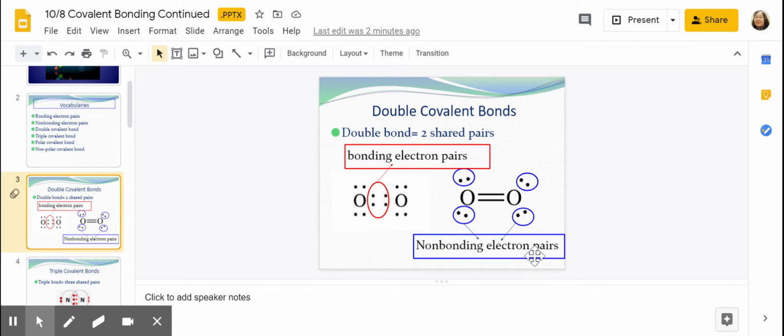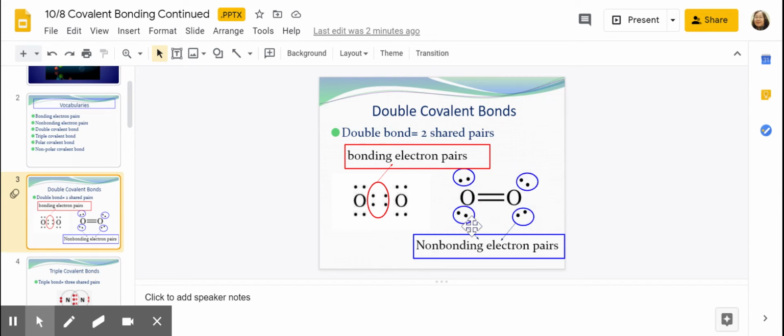The non-bonding ones originally belonged to this oxygen, and now they still belong to this oxygen. They do not move around this one. And also those two pairs belong to this oxygen. They just move around this oxygen atom. They do not move around this one.